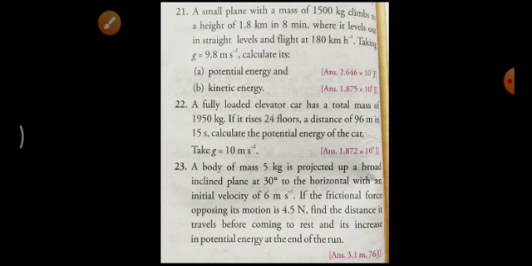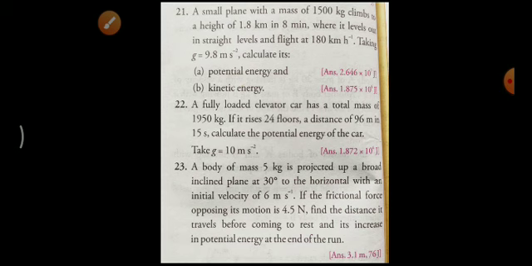The value of sin 30 degree is 1 by 2, the value of g is 10, and mass is 5 kilogram, plus the frictional force, given as 4.5. From that we can calculate the acceleration: a is equal to 6 meter per second square.